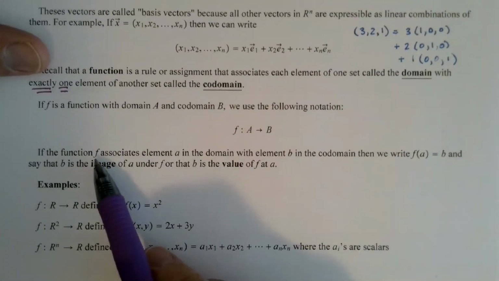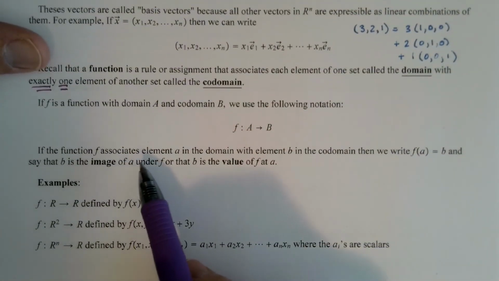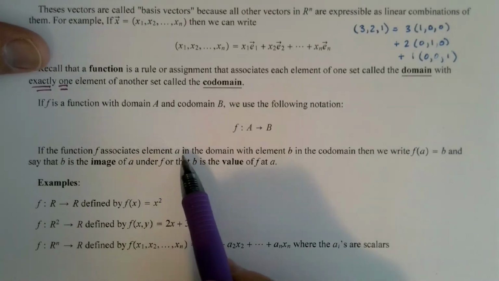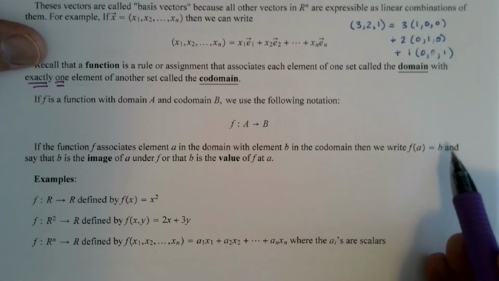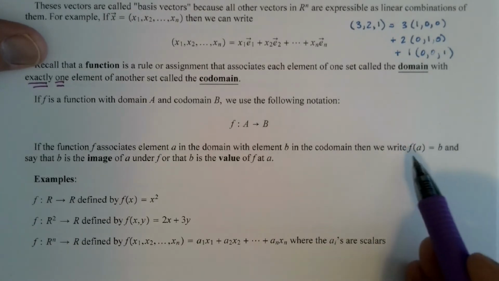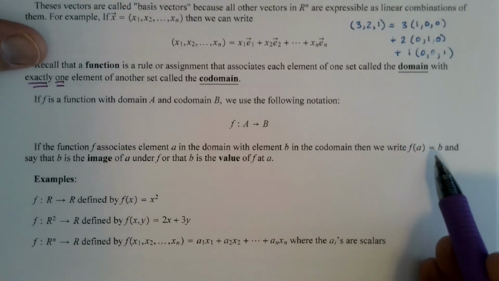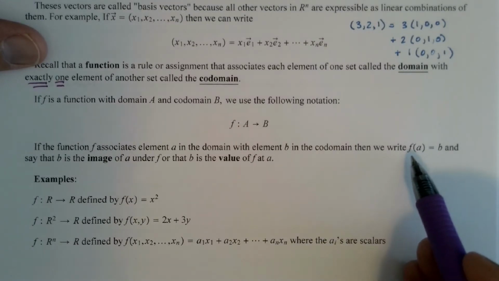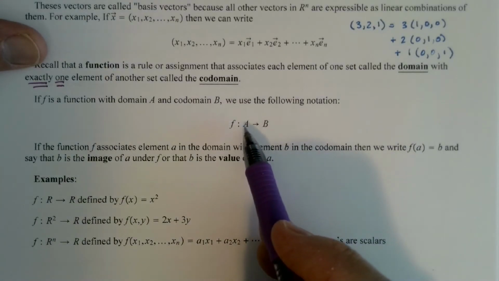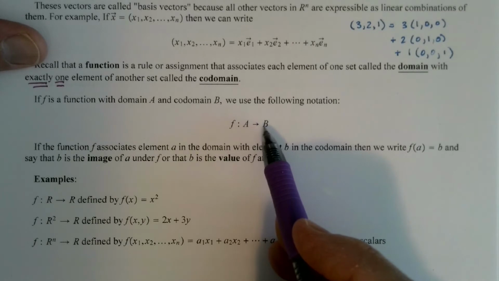So the function f associates an element a in the domain with an element b in the codomain, and we write this notation, which you're familiar with, and we say f of a equals b. We say b is the image of a under the function f. b is the value of f at a. So we think about mapping the vectors in the domain to the vectors in the codomain.